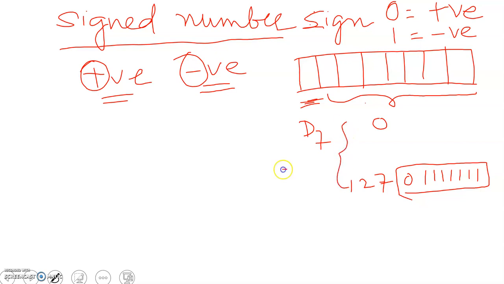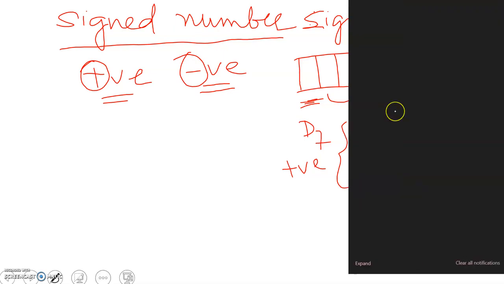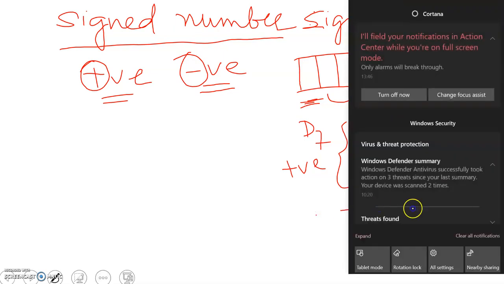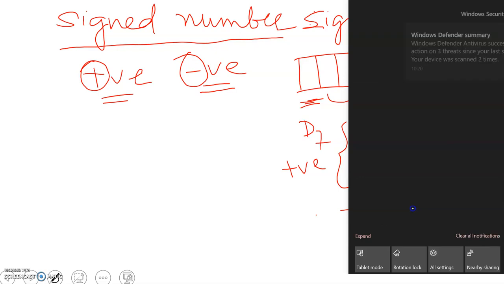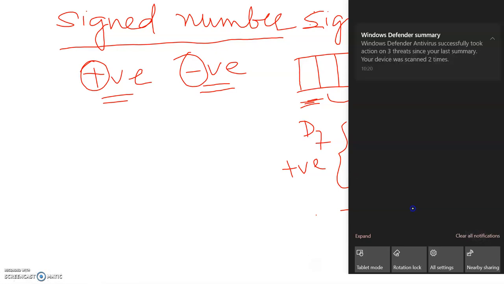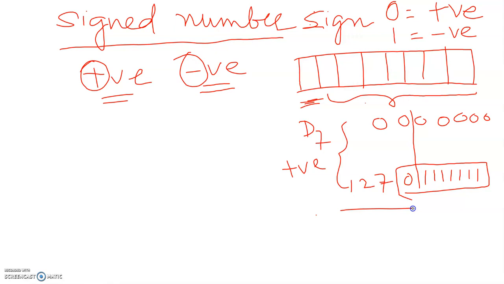So these are your positive numbers, because of the seven 1s.